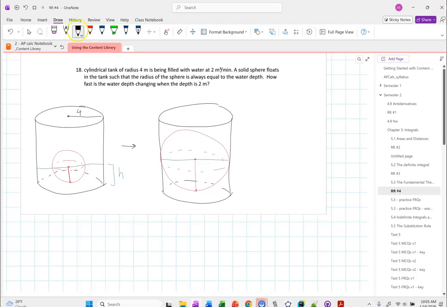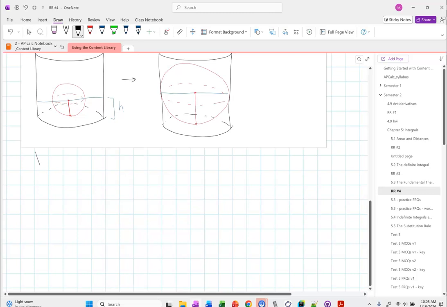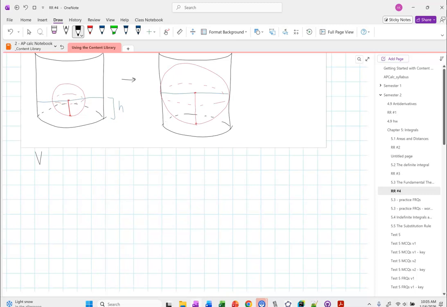So if I look at this, I have 3 volumes going on in here, right, that are changing. And that's the tricky part. So what's one of the 3 volumes that's changing? The volume of the sphere. The volume of the sphere is changing, right? Yes. Emma?